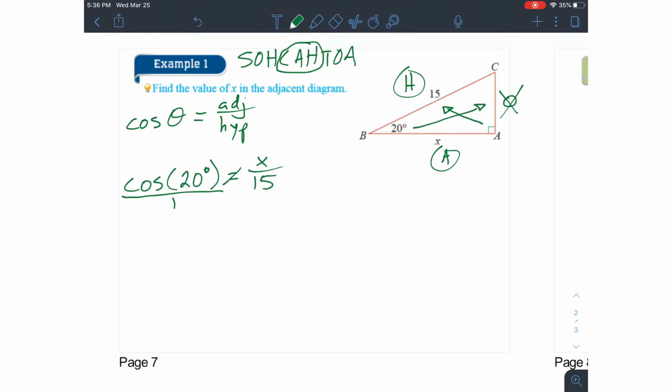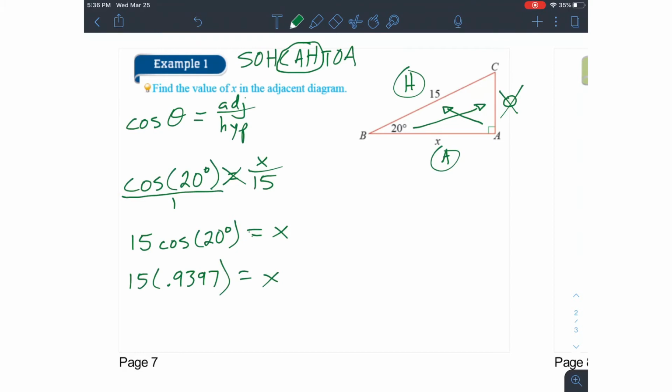And the reason for that is because then we can cross multiply. We're going to do 15 times cosine of 20 is equal to x times 1, which is just x. And then in your calculator, you can find what cosine of 20 is, and that is 0.9397. And that is going to be equal to x.